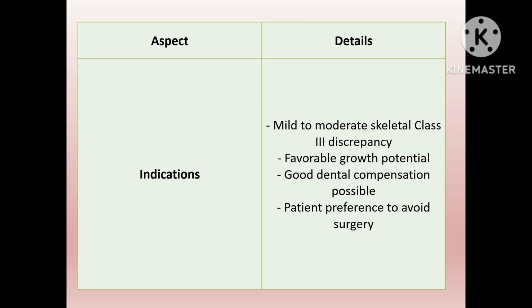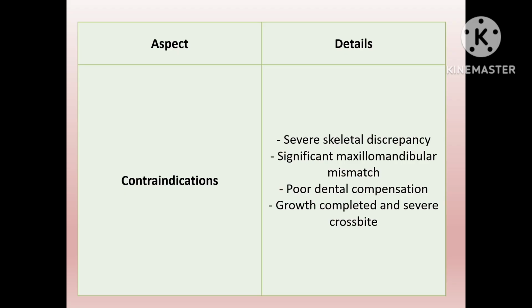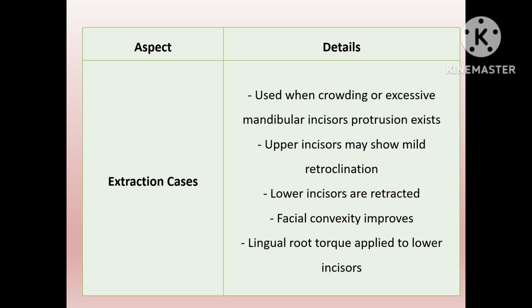Camouflage treatment is suitable for mild to moderate class 3 cases with completed or near completed growth, minimal skeletal asymmetry, and good dental compensations. We may need to extract teeth, but extraction should be planned carefully to allow effective dental compensation.